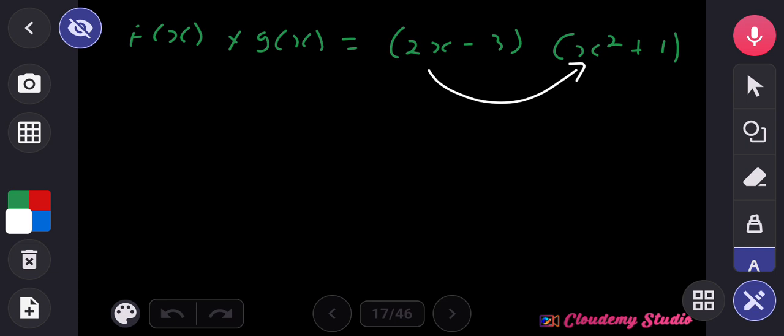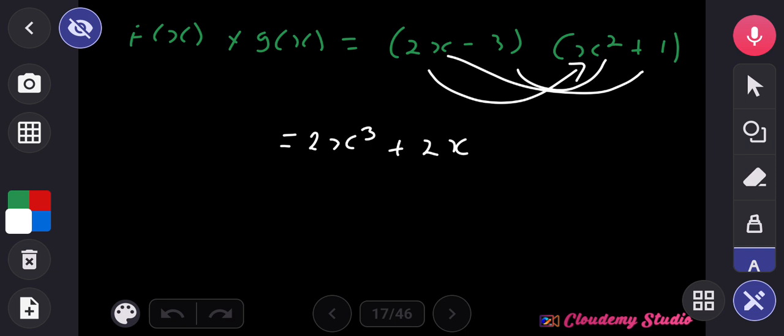This one is going to give us 2x to the power 3. 2x multiplied by 1 will give us plus 2x. Minus 3 multiplied by x squared will give us minus 3x squared. And minus 3 multiplied by 1 will give us minus 3. You understand? And this is our answer for this one, because there is nothing that we can add.